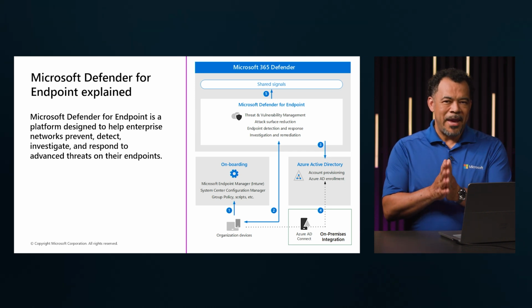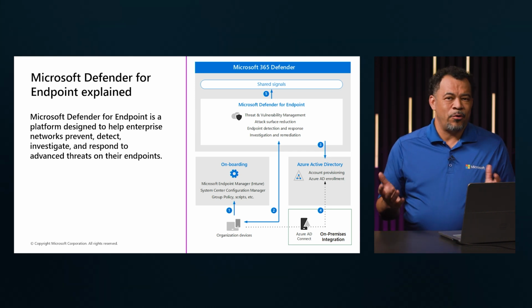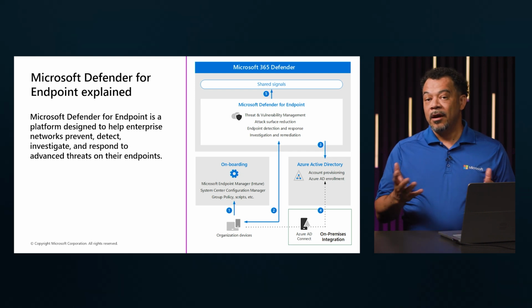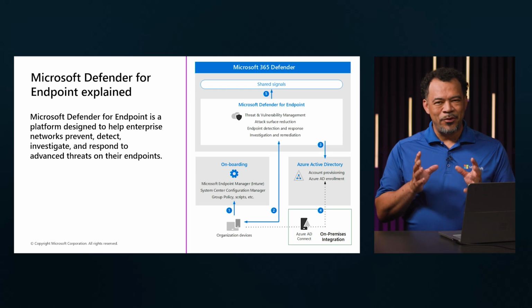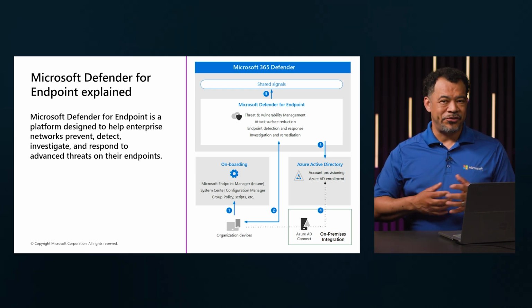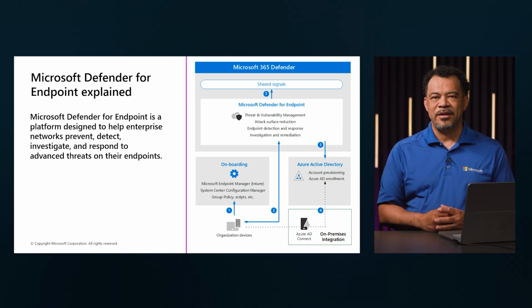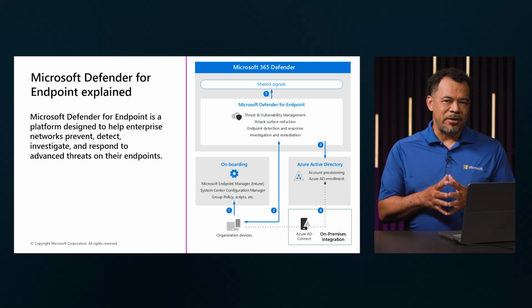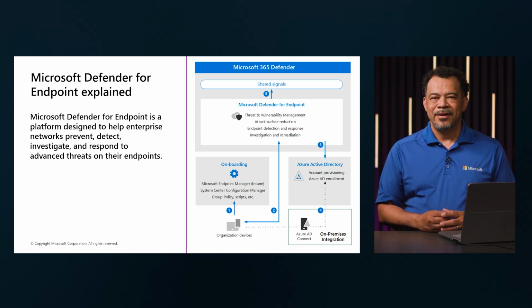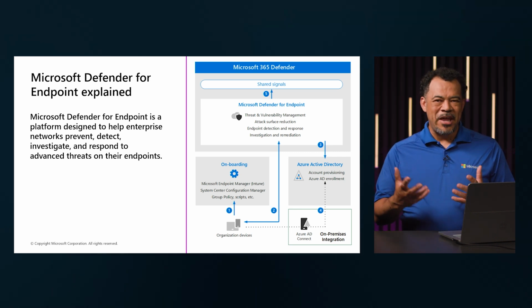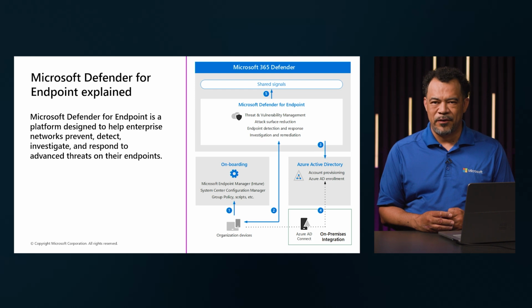Three, managed devices are joined and or enrolled into Entra ID. Unmanaged devices are not joined to Entra ID. Domain-joined Windows devices are synchronized to Entra ID using the Entra ID Connect tool. Microsoft Defender for Endpoint alerts, investigates, and responds to any management or anything else that's related to Microsoft Defender XDR.